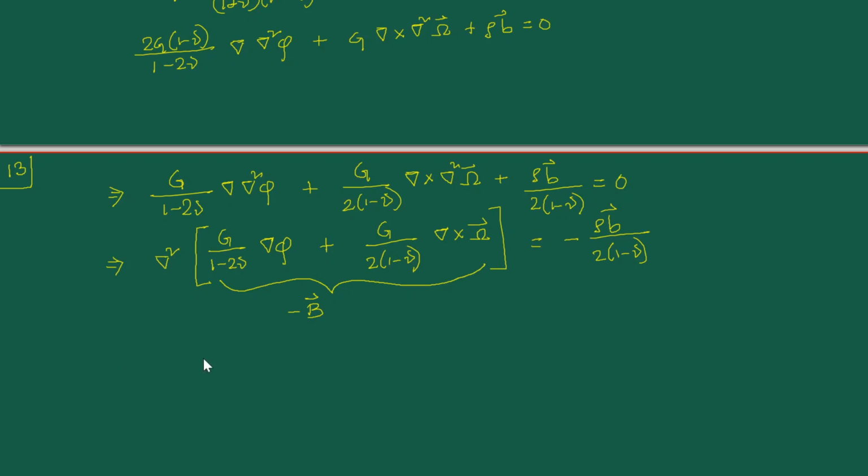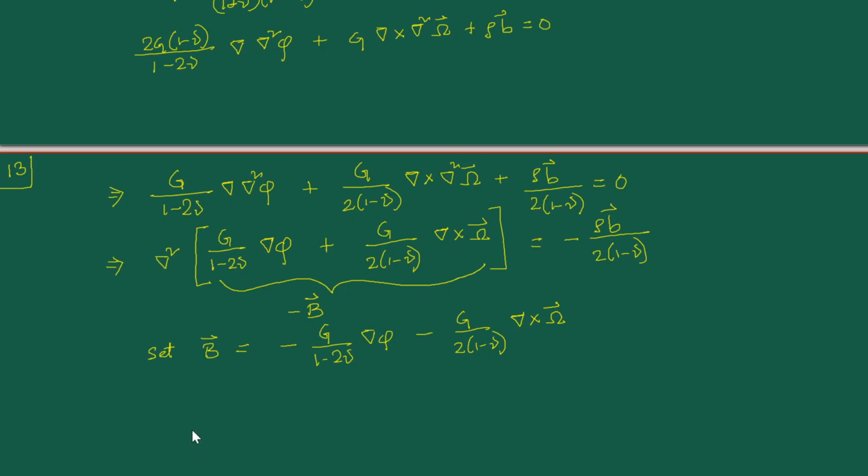As a result of this rewriting, let's write this down because this is an important thing. We are setting b vector equal to minus g divided by 1 minus twice nu grad of phi, minus g divided by 2 into 1 minus nu curl of omega vector.